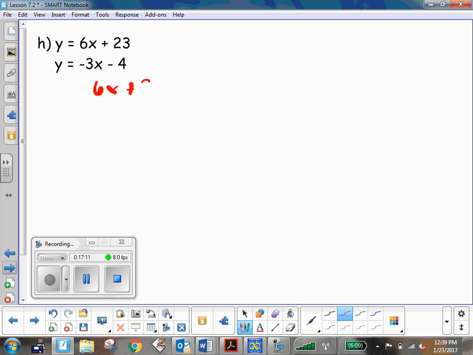6x plus 23 equals -3x minus 4, right? They're equal to each other. If y is equal to one phrase and y is equal to another phrase, then the phrases have to be equal to each other. Does that make sense? So we're going to get 9x is equal to -27.